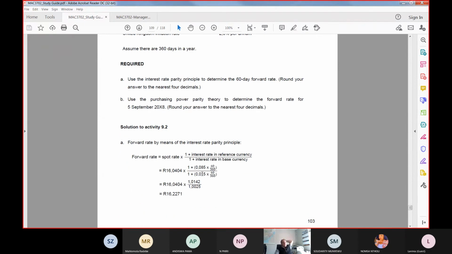So we take 16.04, that is the spot rate, times 1 plus 0.085 over 60 days of 360, divided by 1 plus the interest rate of the base currency over 60 days of 360, and your answer, your forward exchange rate, is 16.22.